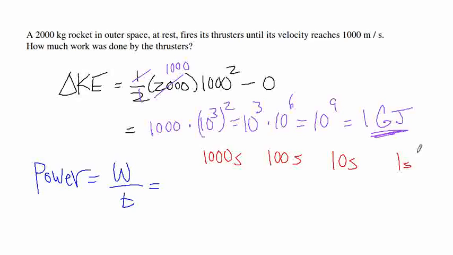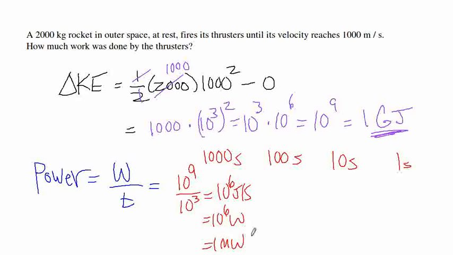Let's say it could do it in 1 second. For the 1,000-second situation, we had a gigajoule divided by 1,000 seconds, so that's 10 to the 6 joules per second, or as I said, you can call that watts. So 10 to the 6 watts, or even fancier, 1 megawatt.